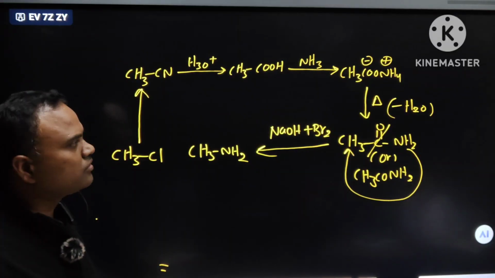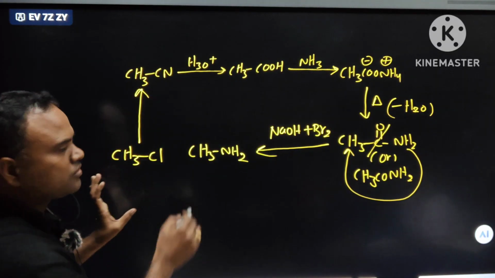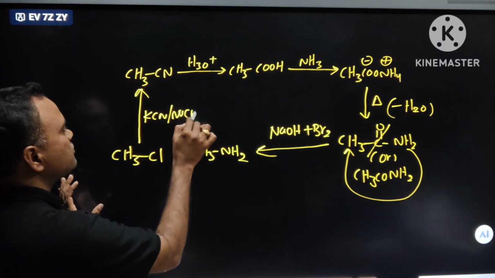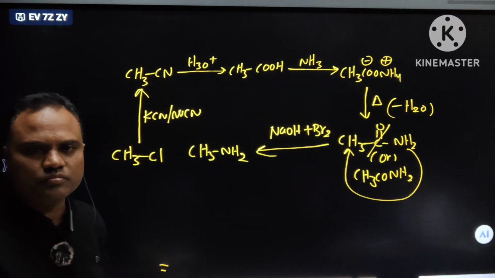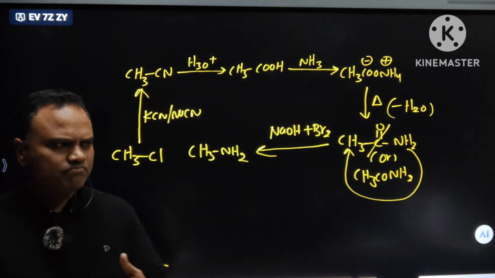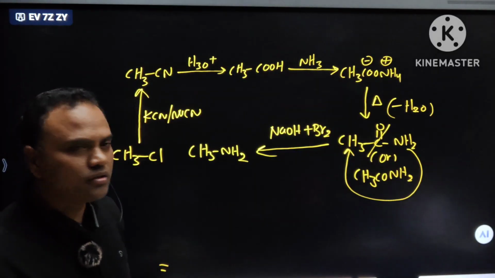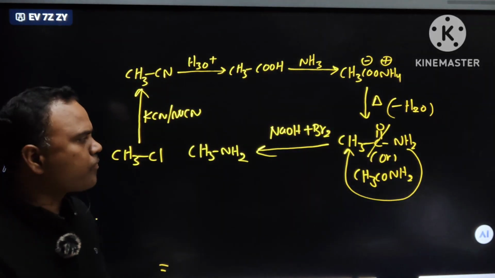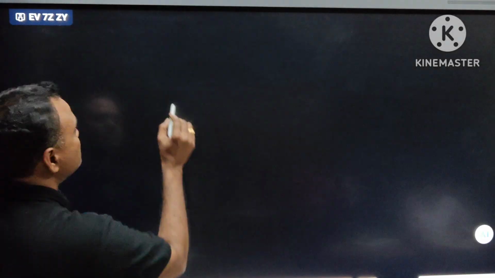From this, KCN or... Yes, first chapter. So we can write a number of steps from amide. But we are preparing amide only. Let's see this.